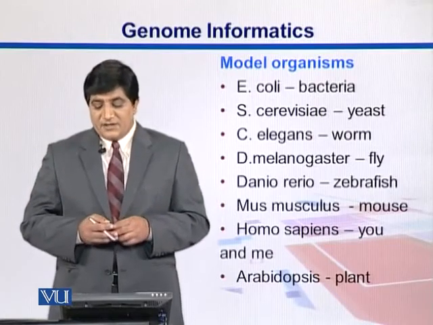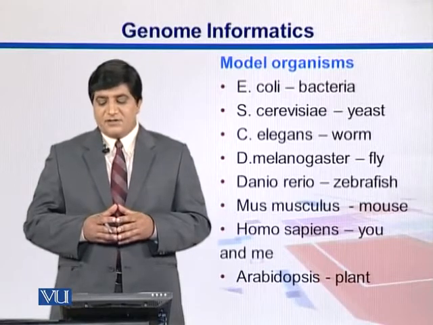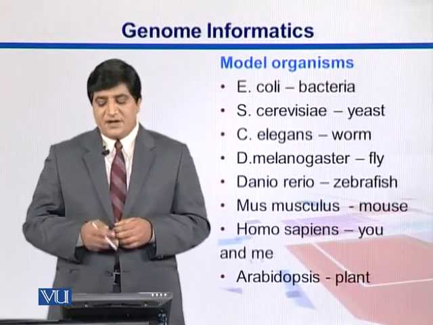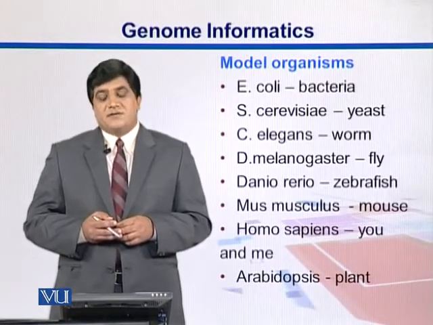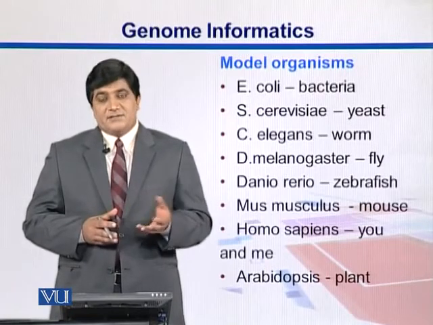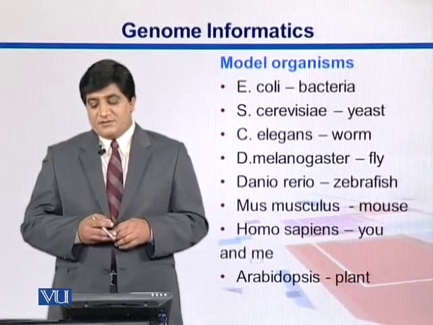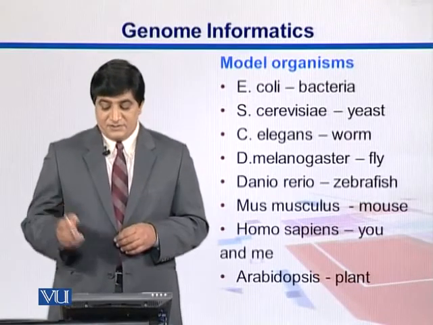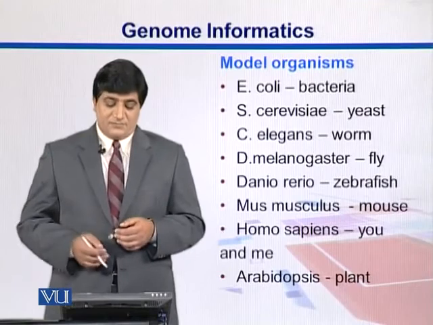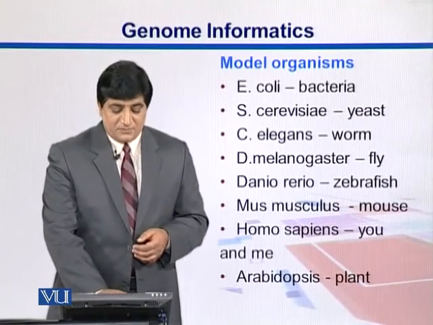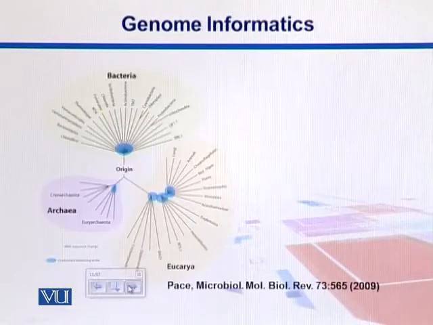There is a range of model organisms that have been selected so far. E. coli is a bacterium. Then we have yeast. C. elegans is another example. We have a fly here. In this set we have zebrafish, mouse, Homo sapiens, of course you and me, and from the plants Arabidopsis is considered a good model.